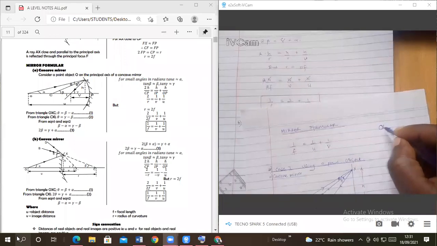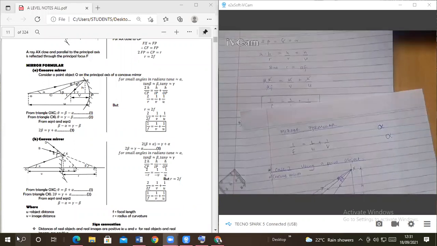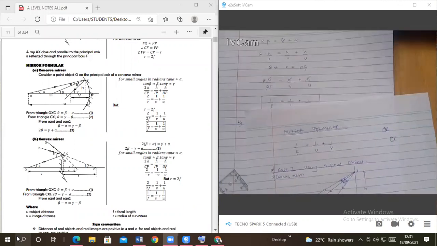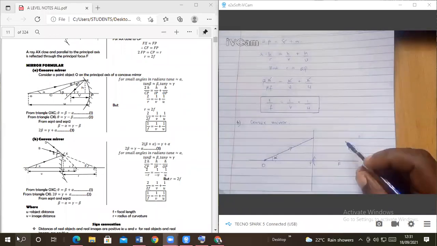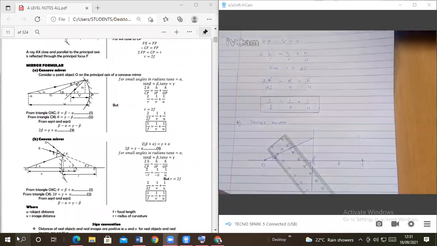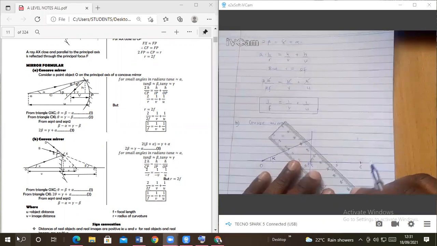So if alpha is for O, where you have the object, then you place alpha. That's why I place alpha here, where I have the O, which appears like alpha. It is good for you to remember, so that you know what you're deriving, and whenever you practice, your things come out.